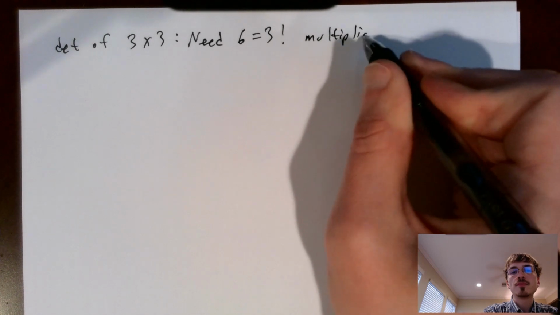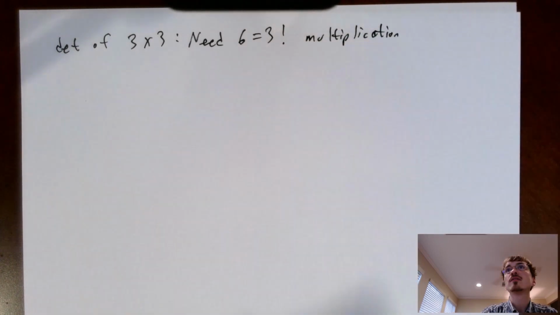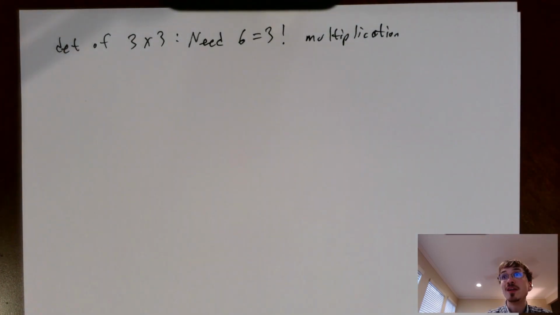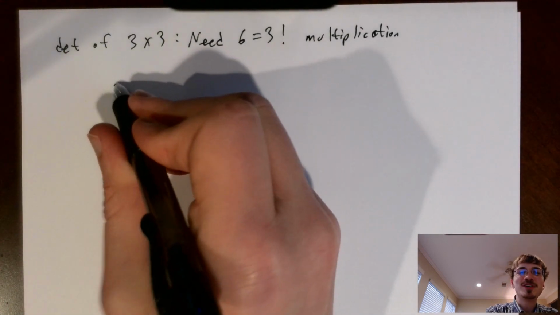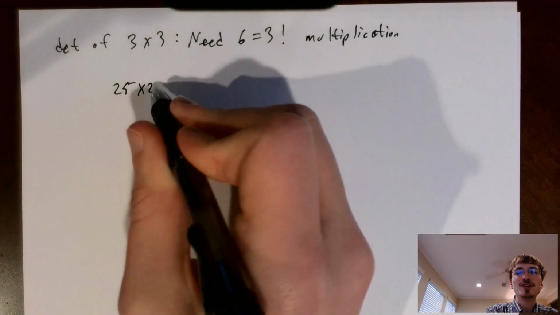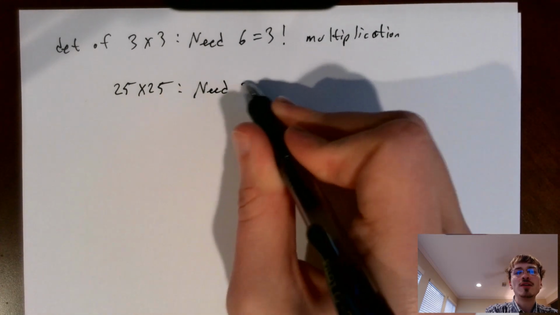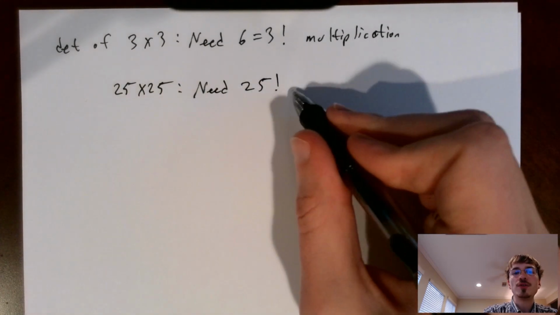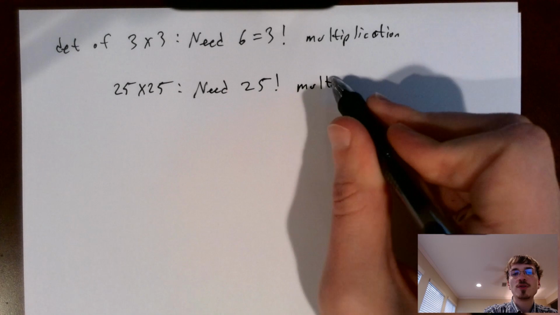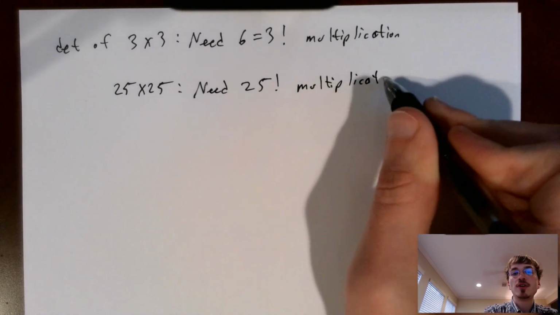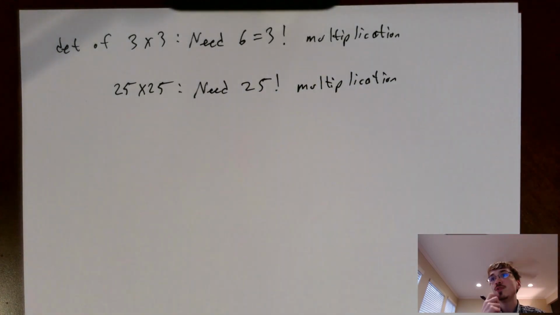And that's a lot if the dimension goes up, right? How would we compute the determinant of a 25 by 25 matrix? We would need 25 factorial multiplications, which is impossibly large. So computers cannot compute determinants using cofactor expansion.